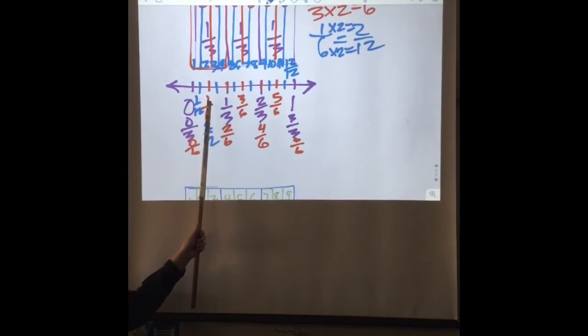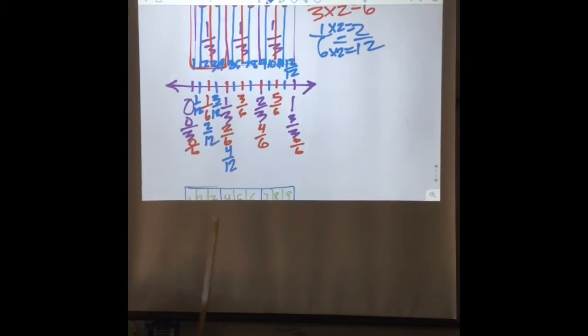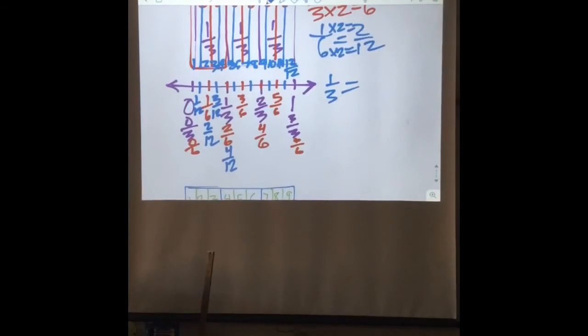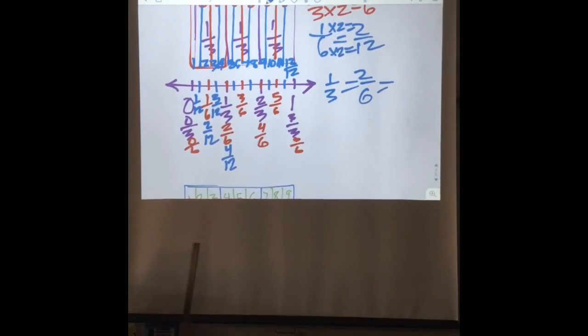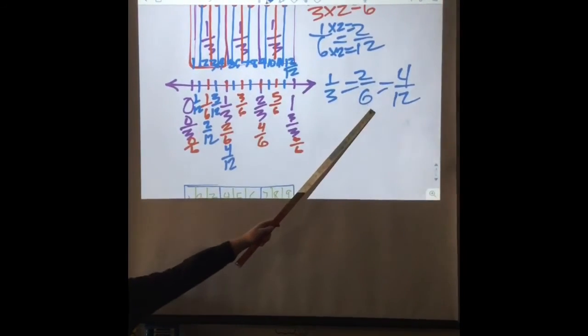What's this one going to be? 3/12. Next one? Ooh! So what do we have here? What equals what? What's this guy? 1/3. He equals what? 2/6. Who equals what? 4/12. Wow. So if we took our 3, multiplied it by 2, we'd get a 6. If we took our 6 and multiplied it by 2, we'd get 12.